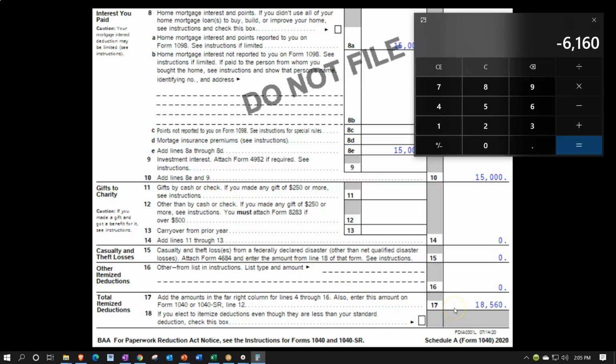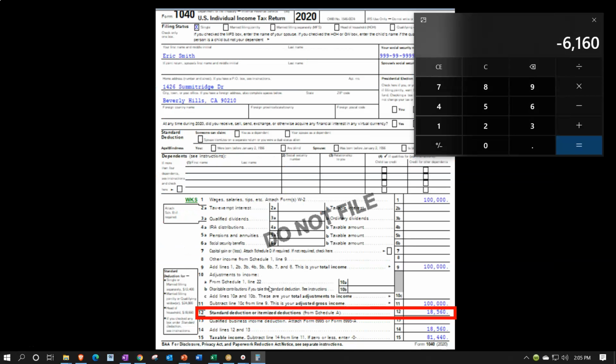Now, if this was a married couple and they had the $18,560 in itemized deductions still, then it would not have cleared the standard deduction, which would be twice the $12,400, or $24,800. So they wouldn't get any benefit if their itemized deductions only added up to $18,560 and they were married.